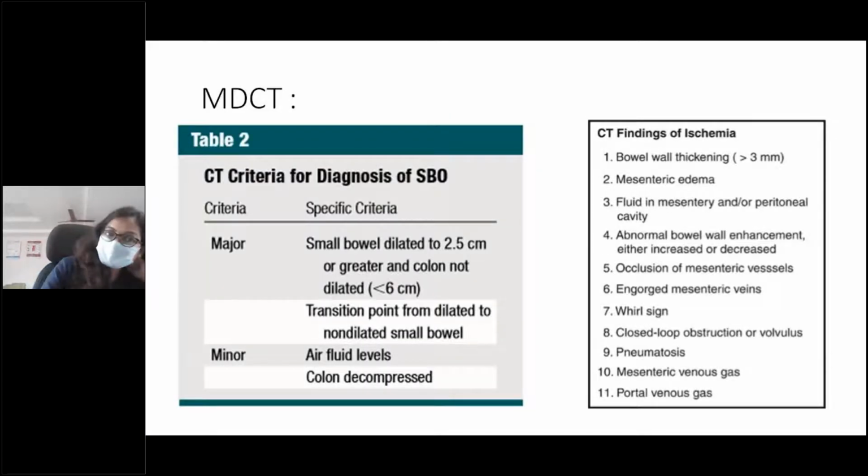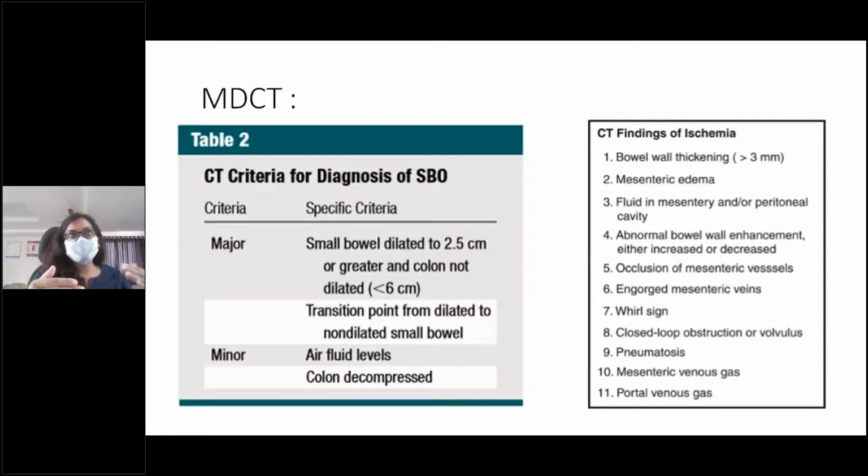And coming to the CT findings, the CT criteria for the diagnosis of the small bowel obstruction: we have two criteria. One is the major criteria, and then the other is the minor criteria. Coming to the major criteria, to tell whether it is a small bowel obstruction or not, we have to see small bowel loop dilated more than 2.5 centimeter, and colon not dilated.